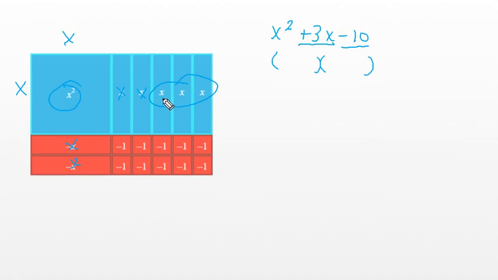I've got my x squared, my 3 x's, and I've got my 10 ones. And so what I did was I added 5 to this side, and I took 2 away from this side. So the area model can help you, especially in the beginning when we're factoring these trinomials, until you get used to doing it. So on one side we added 5, and on the other side we took 2 away.